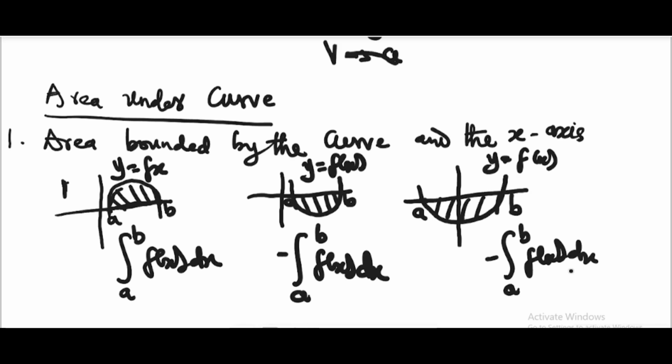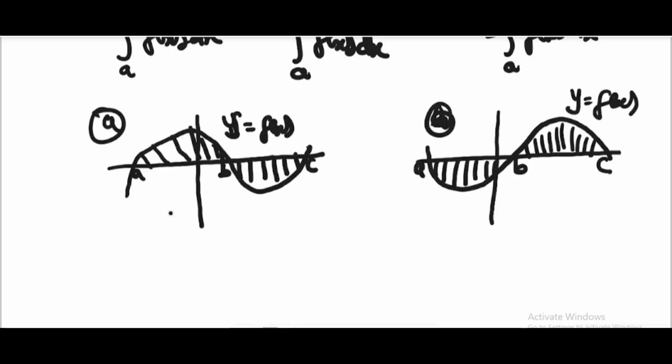Since the power of x is 3, it means we'll have 3 values for x. So instead of just a and b, we'll have a, b here, and then c here. Up first, we'll have the integral, our limit lower to upper, f of x with respect to x, of course, minus, because the second bounding is below the x-axis.